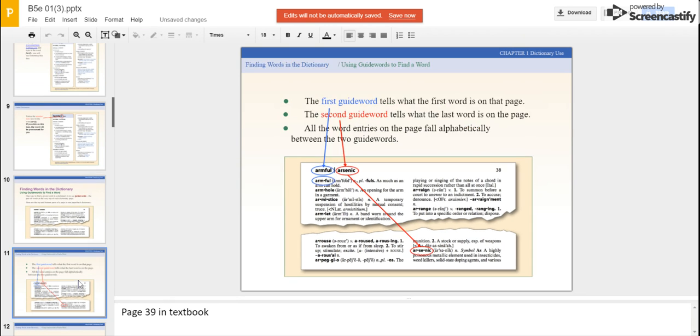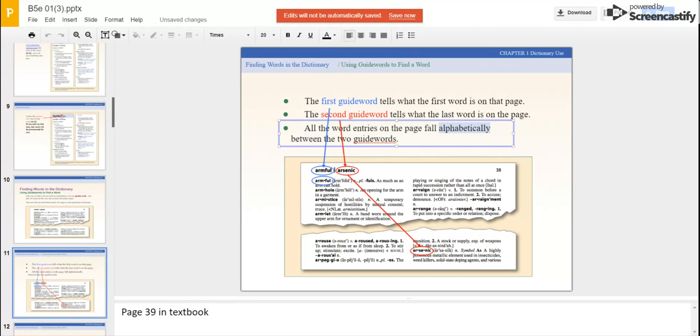That's all it is. The reason they're there is to guide you alphabetically. If you know the word you're looking for doesn't fit between those two, you don't even need to look at that page. You've got to go find another page.